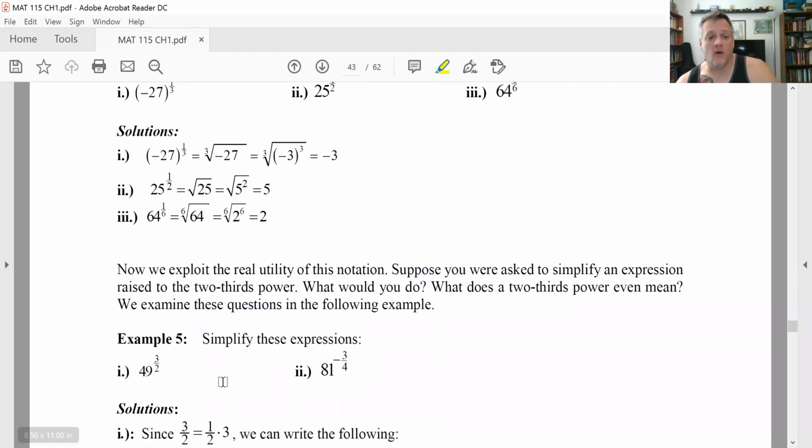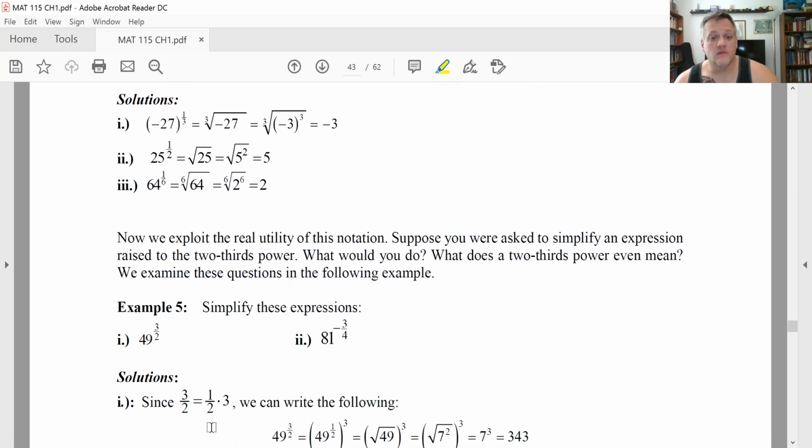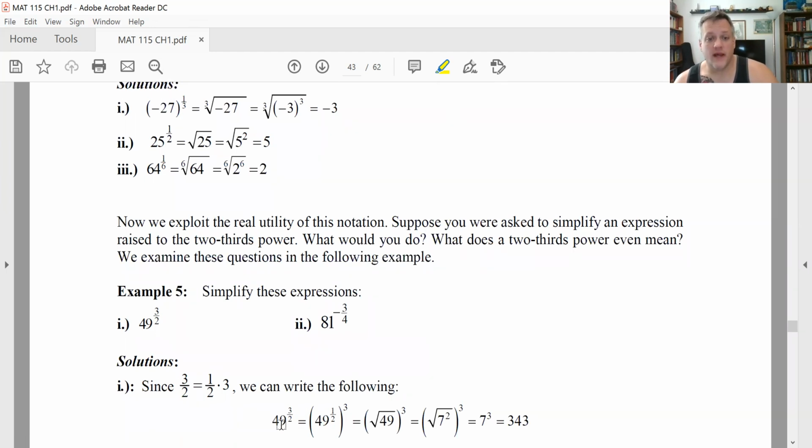Right, well, we know that 3/2, that exponent can be rewritten as 1/2 times 3, right? And we also have in the back of our mind those exponent rules that we talked about in the previous section. So let's look at this. 49 to the 3/2, well, is equal to this guy, because you know that if you take a power to a power, you just multiply the powers.